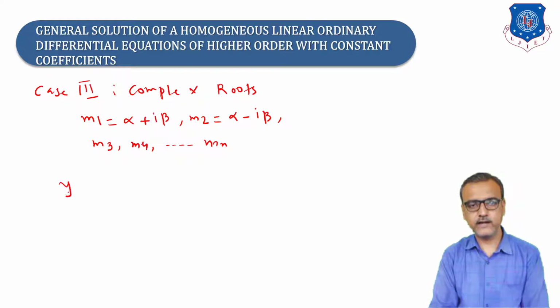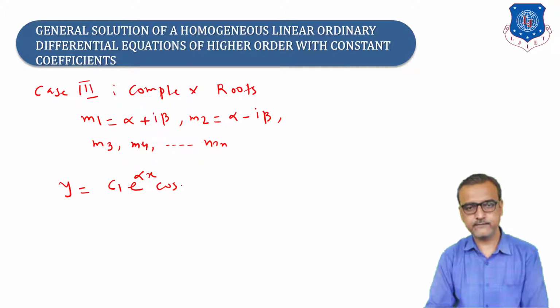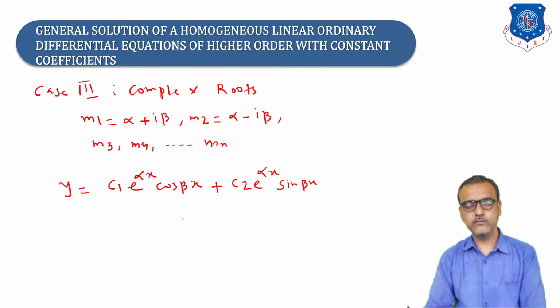That is y equals c1 e raised to alpha x cos beta x plus c2 e raised to alpha x sin beta x. It means for the complex conjugate pair alpha plus minus i beta, we will write down c1 e raised to alpha x cos beta x plus c2 e raised to alpha x sin beta x.